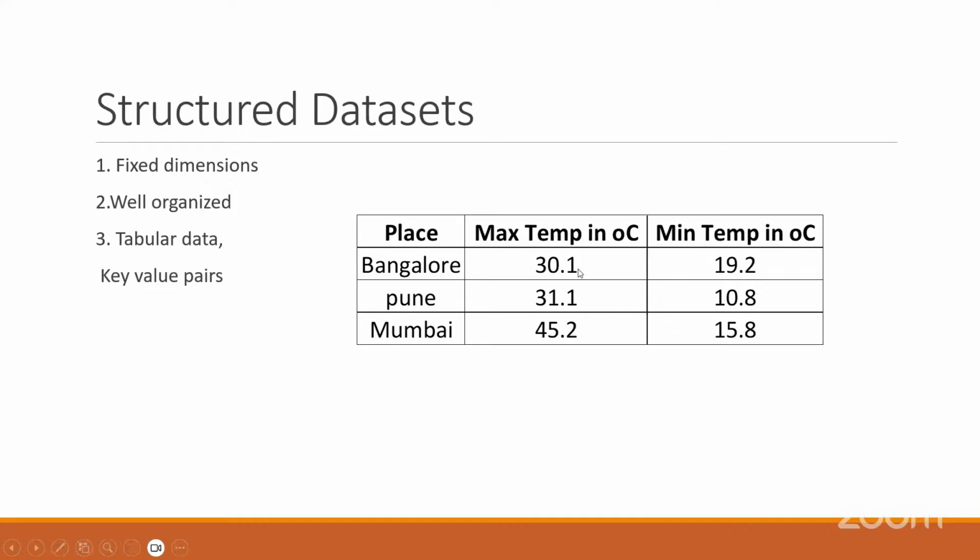Looking at this, do you think anyone in this world, even a kid in second, third or fourth class, could understand what kind of information we have in this table? If we explain Bangalore, Pune, Mumbai and their values, it is simple, well organized data, right?